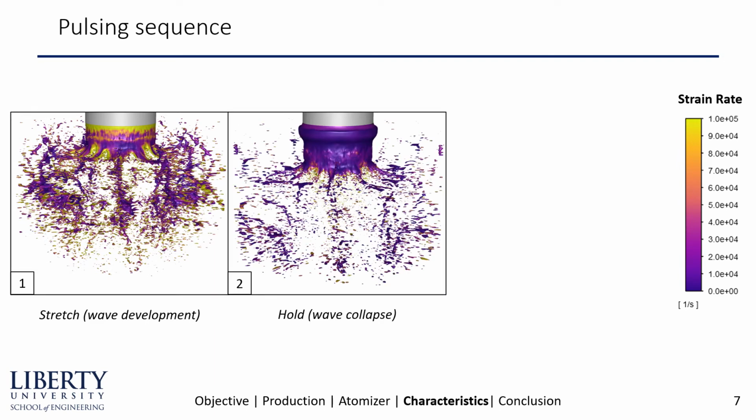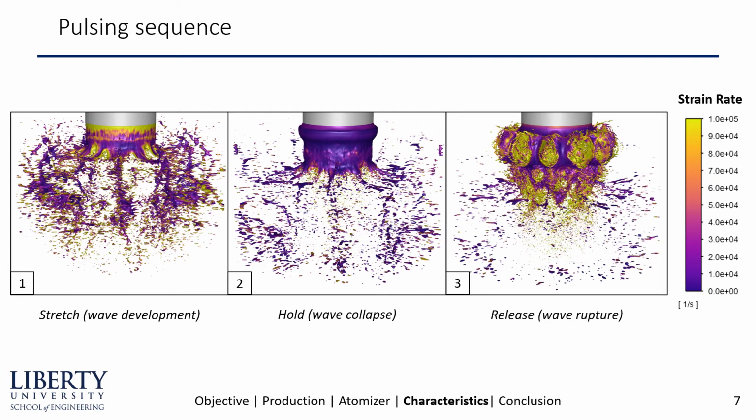Second is a holding, where the wave is collapsing and the puree begins to bulge just outside of the nozzle. Third, we see a release, and this corresponds to wave rupture, where we see the disintegration, the radial bursting, and motion outward. And again, each of these are part of the pulsing sequence, which happens regularly every 10 convective times.